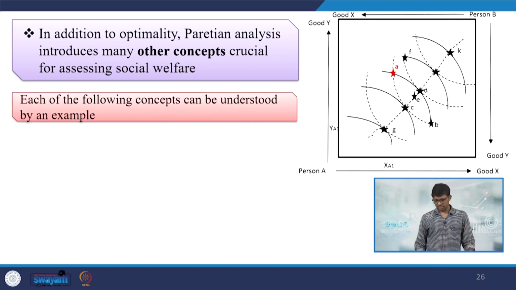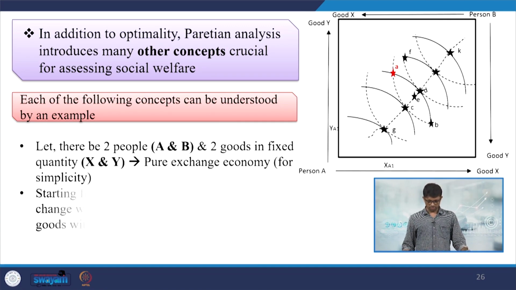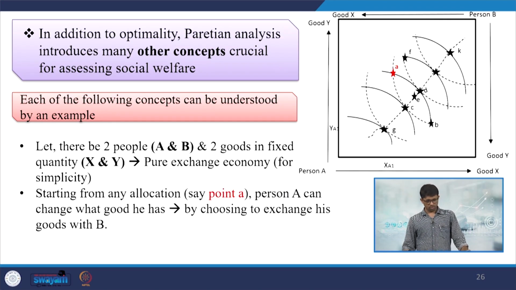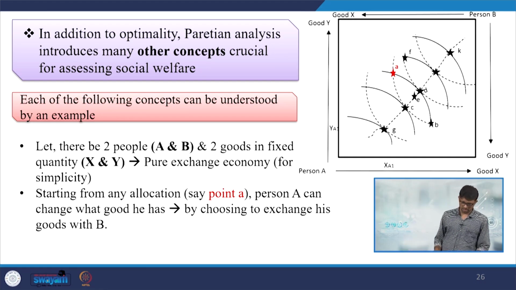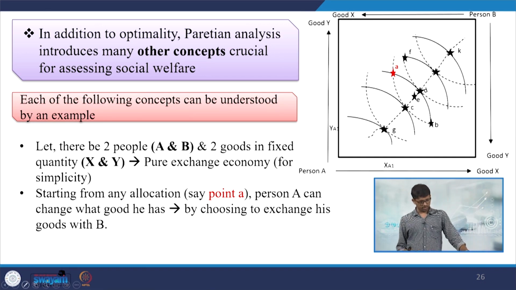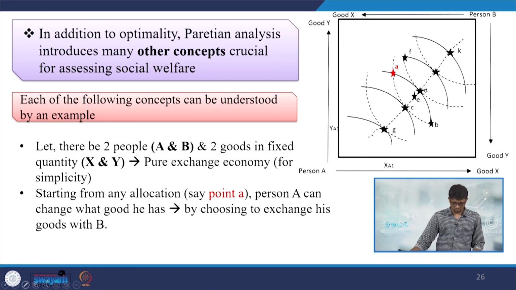In this diagram we have started highlighting the best possible indifference curve each of the persons A and B can attain, and that is highlighted over here. There are two people, as we said, and two goods, fixed as commodities X and Y. There will be a pure exchange economy based explanation in this diagram to highlight the Pareto optimality function.